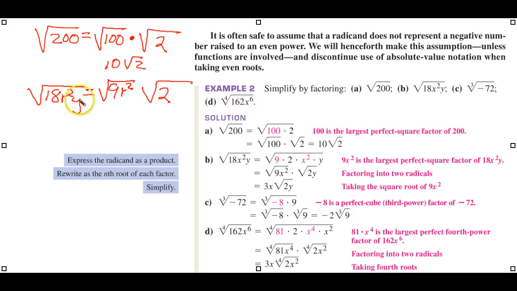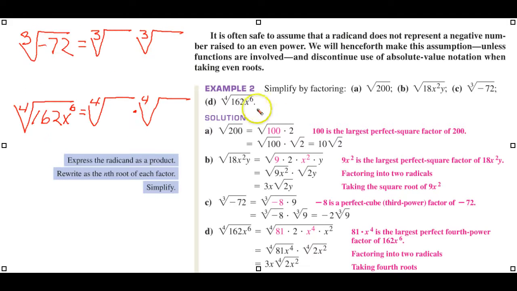And this part is not, so that goes here. So our strategy is to divide the radicand into a perfect square factor, and then whatever's left over. So this will become 3r, the square root of 2y.